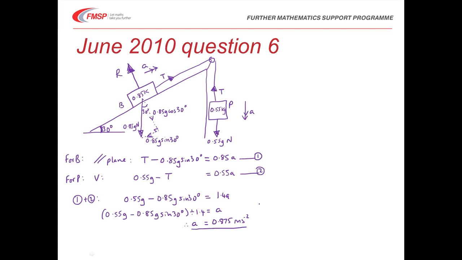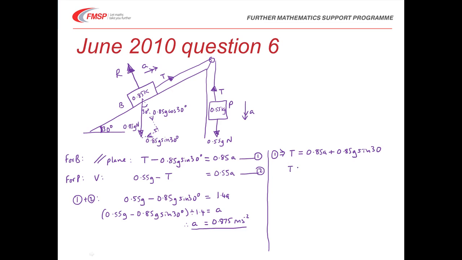And let's substitute that into equation 1 to find the tension. Now, equation 1, if I were to add a term to both sides, I could have T equals, well, let's add 0.85 G sine 30 to both sides, and I'll get T equals 0.85A plus 0.85 G sine 30.